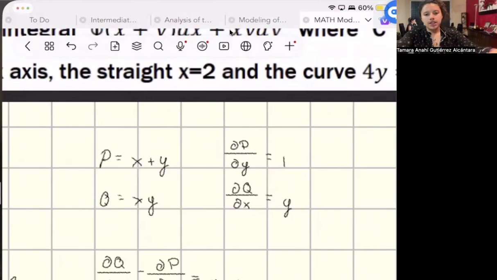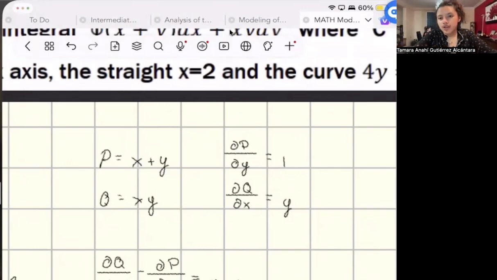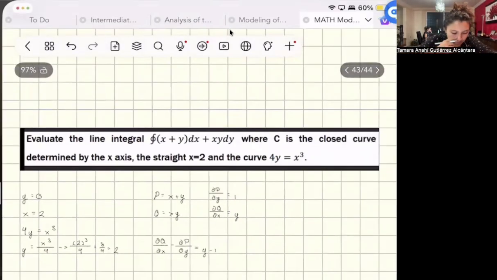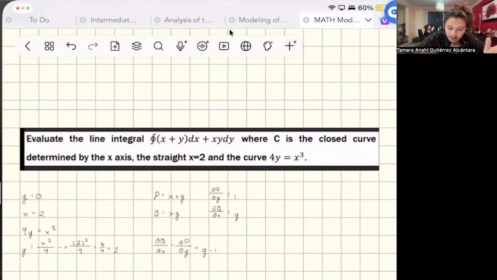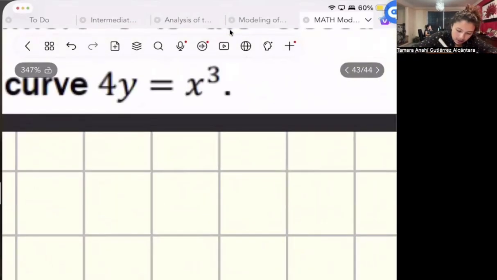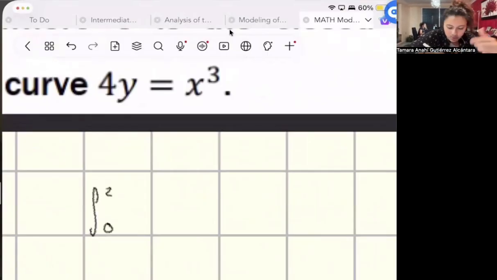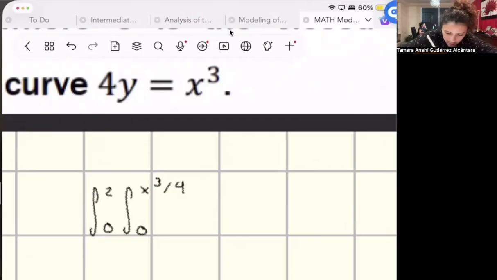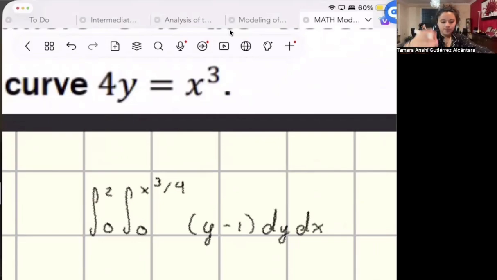And that is the expression we're gonna use for the evaluation of the whole integral. So now we're gonna integrate it with the limits from 0 to 2, and from 0 to x cubed over 4, of y minus 1 dy dx.